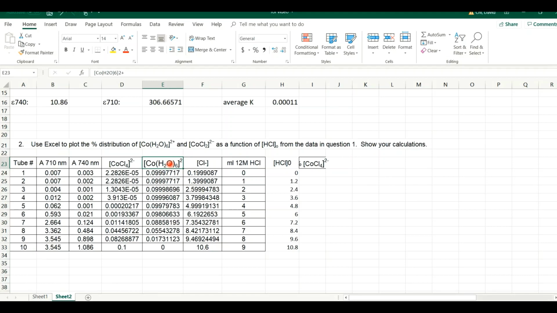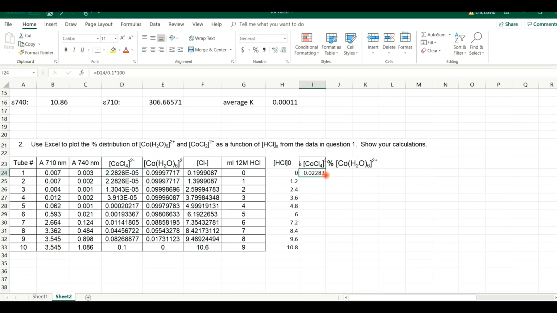To calculate percent of cobalt tetrachloride, we use the concentration of cobalt tetrachloride divided by the total concentration of cobalt times 100.